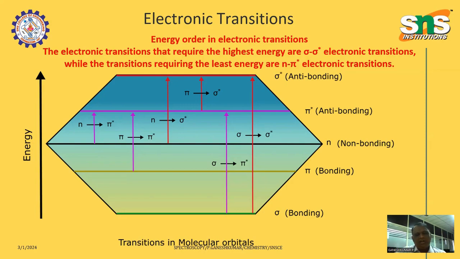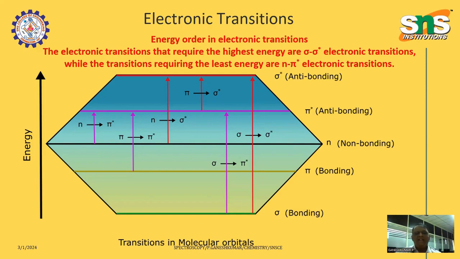Depending upon the compound, whether it has a sigma bond, a pi bond, or non-bonding electrons, the excitation level of the compound will differ. Based on these differences in absorption, we get an output with lambda maximum at a particular region.